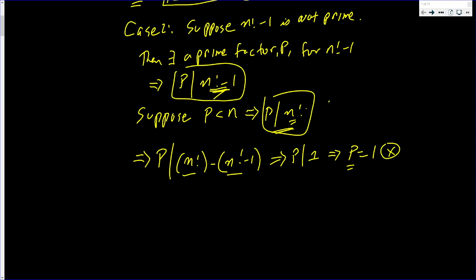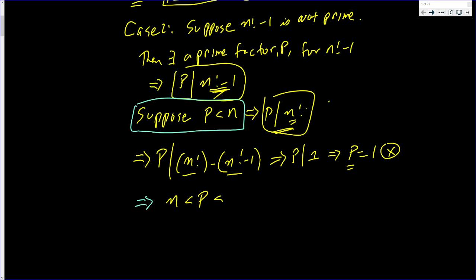Okay, so what are we contradicting? What we supposed. So this implies that n is less than p.